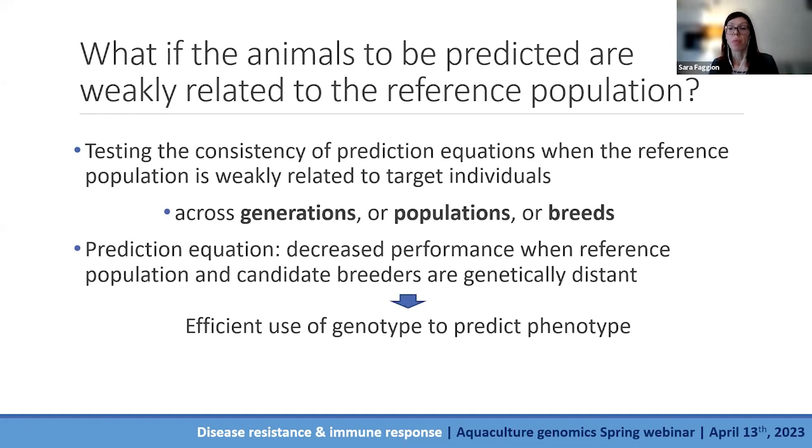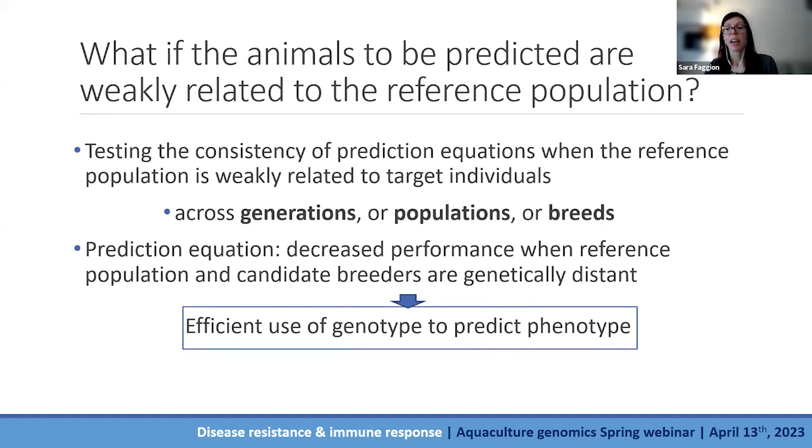What we know that has already been tested is that the prediction accuracy decreases when the reference population and candidate breeders are genetically distant. So we need to use genotype efficiently to predict phenotypes.